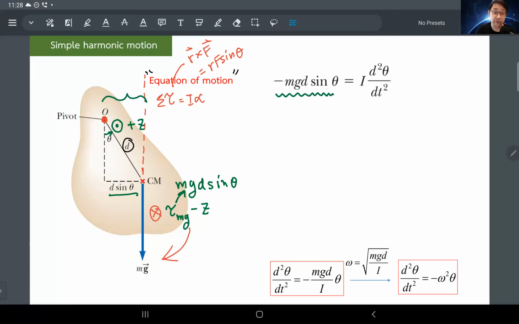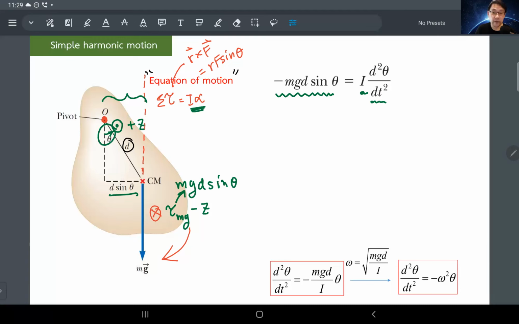There is a negative sign in the front because this torque is pointing into the page. And now I just equate that to the I alpha because I don't have any other torques applying onto this mass anymore. So I is right there. Alpha is just the second derivative of the angle with respect to time. So this is good. Does it look nice?